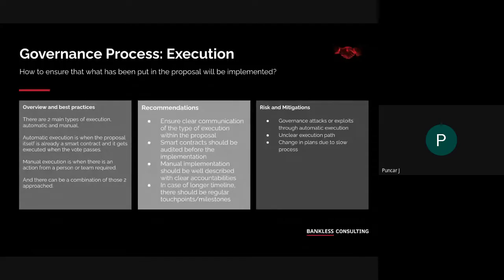So there either need to be milestones and checks along the way, or the proposal needs to be for a shorter period of time, because it's naturally very hard to monitor long-term timelines. So let me pause here if there are any questions or suggestions or comments.